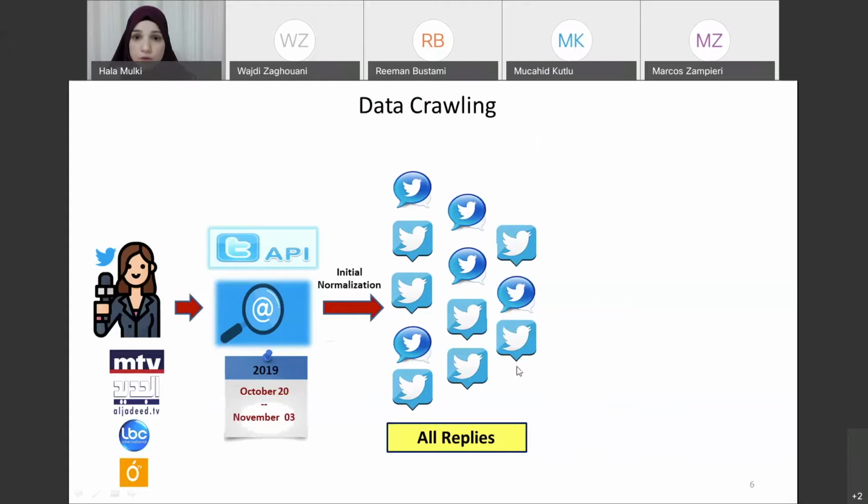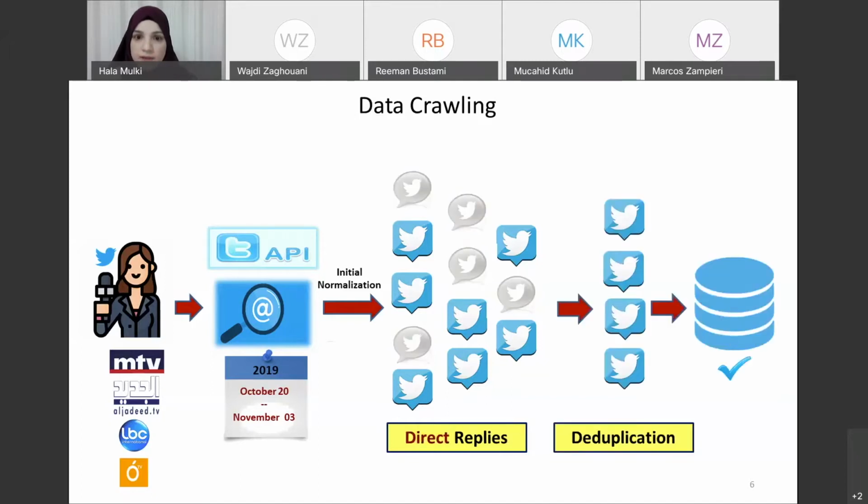Then, to assure that those replies are directed to the journalists themselves, we reduced the tweet replies containing more than one mention, such that we avoid side conversations between users in a tweet thread.